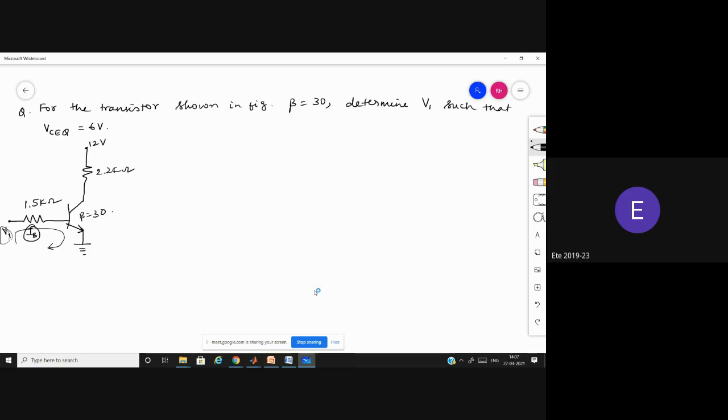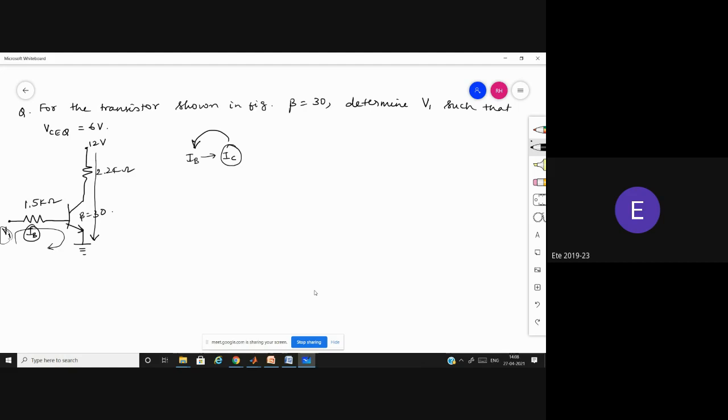So unless we know IB, we cannot apply the KVL to this. So that's why what we need to do is we will apply the KVL to this outermost circuit. So in this case, it's a reverse process. In all the problems, whatever we have done, we used to find IB, then we were finding IC. But in this case, we will find IC, then we will find IB. Okay.